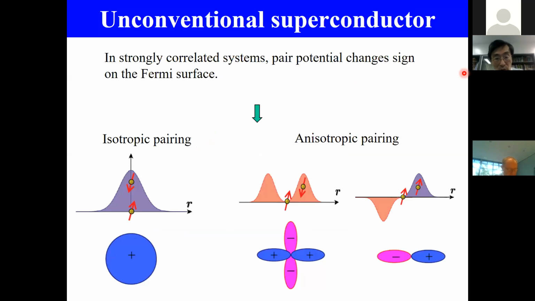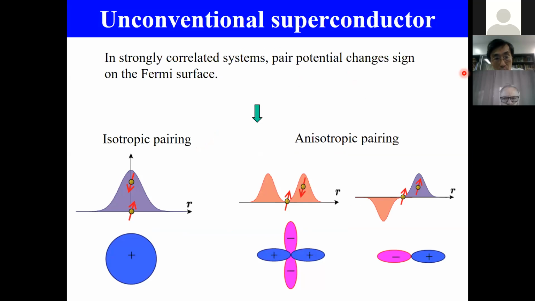Before that, today's topic is mainly concentrating on unconventional superconductors. What is unconventional? In strongly correlated systems, the pair potential changes sign on the Fermi surface. Quite different from isotropic pairing, the Cooper pair is formed between two electrons at different sites due to strong Coulomb repulsion, like d-wave or p-wave.